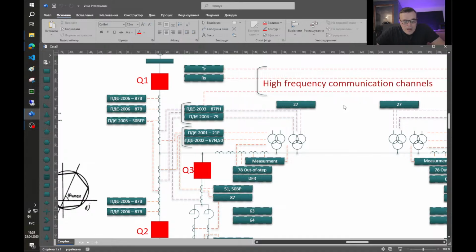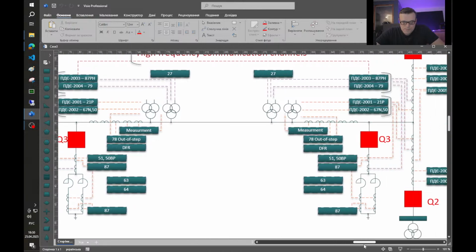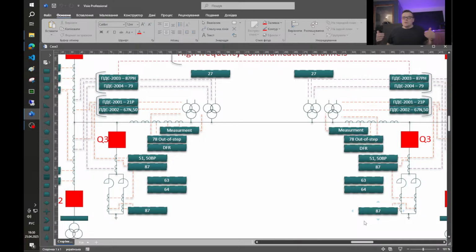So the main problem is to determine the lifetime of this arc. And a lot of things are made at such voltage levels to decrease this time, because theoretically it can be 1-2 seconds, but in practice, and we will see it, it's usually not very long.